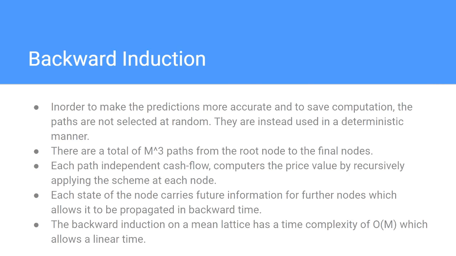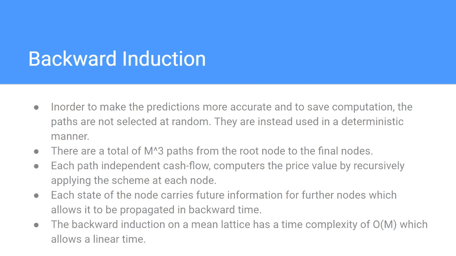So now we will talk about backward induction. In order to make the predictions more accurate and to save computation, using backward induction, the paths are not selected at random. They're instead used in a deterministic manner. There are a total of m cubed paths from the root node to the final node, and each path has its independent cash flow.